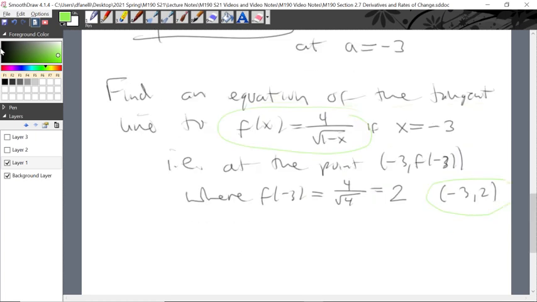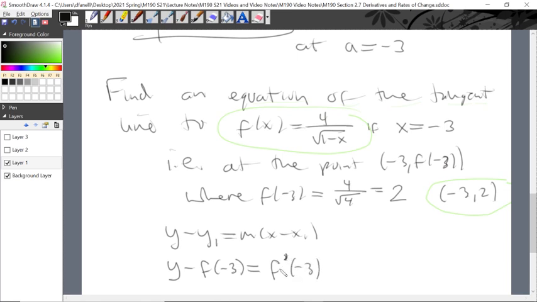Well, the equation of the tangent line: y minus y1 equals m times x minus x1, the point-slope form of the equation of the tangent line. And the equation of that tangent line in function notation would be, for this case, y minus f of negative 3 equals f prime of negative 3, that is the slope of the tangent line where the input is negative 3, times x minus negative 3.